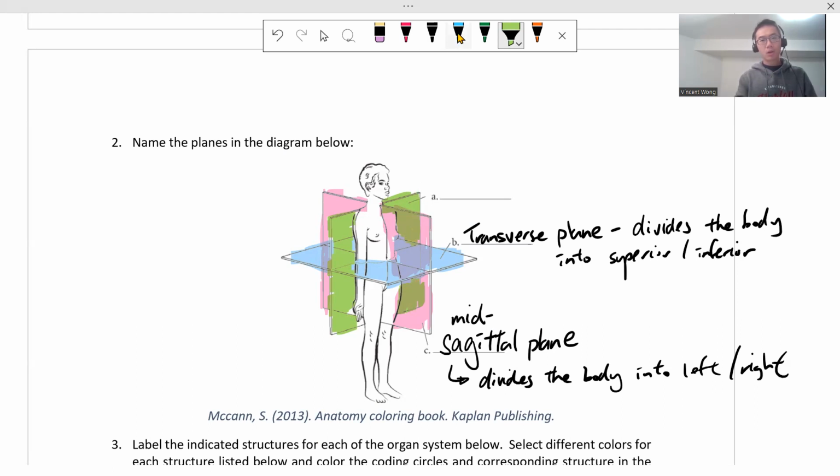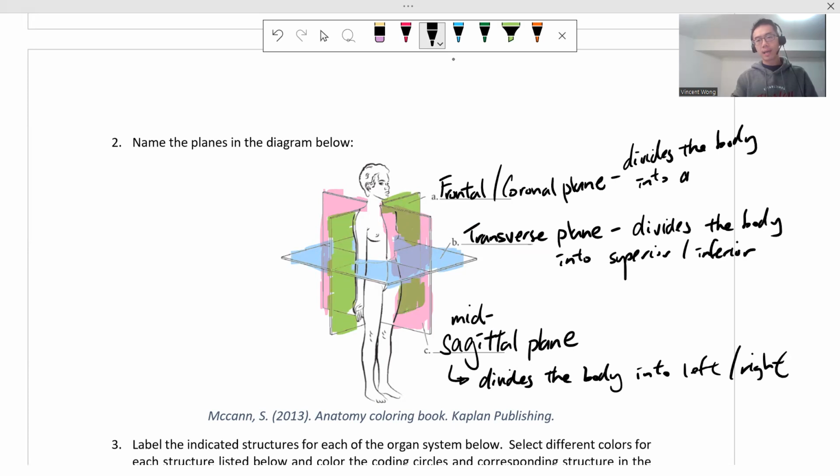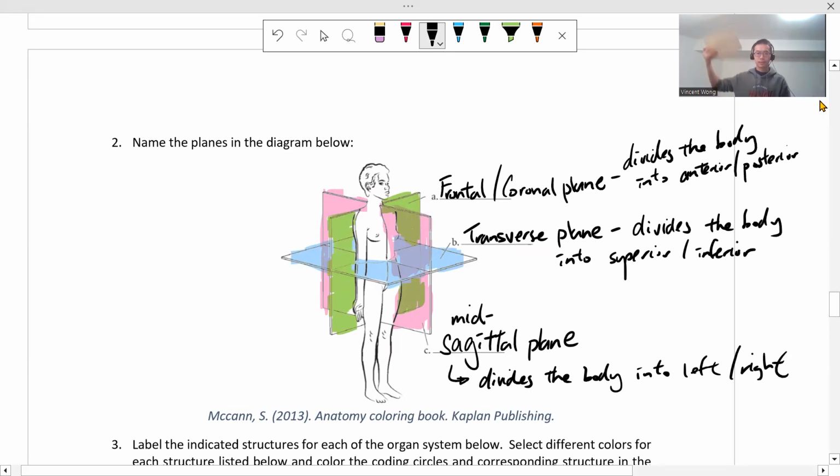This is called the frontal or coronal plane, which divides the body into anterior/posterior. Okay, so cutting like this, into front and back.